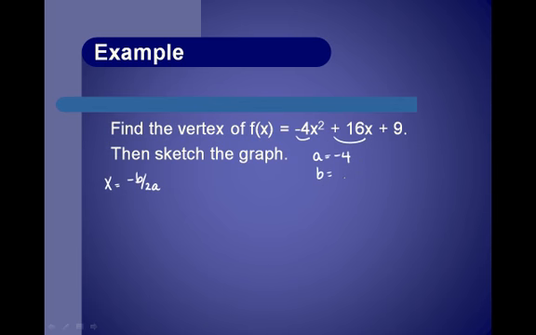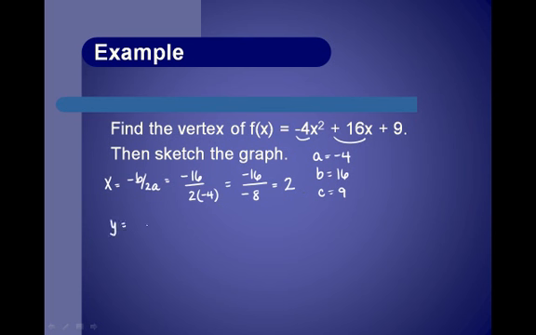B is the number in front of the x term, which is 16, and C is 9. So back to our formula, it's negative b, or negative of 16, divided by 2a, which would be divided by 2 times negative 4. So in the numerator we get negative 16, in the denominator we get negative 8, so negative 16 divided by negative 8 is 2.